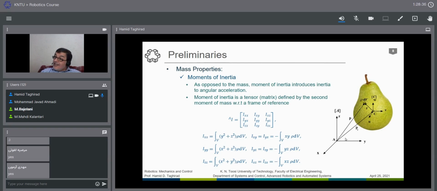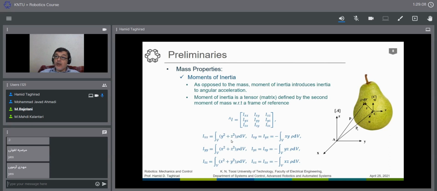This R is how far the point is from the axis of rotation. Consider that you are considering a rotation here, and we would like to see how hard it is to rotate it. As the radius becomes larger, R² becomes larger; we call it R² with respect to X, which is Y² plus Z².